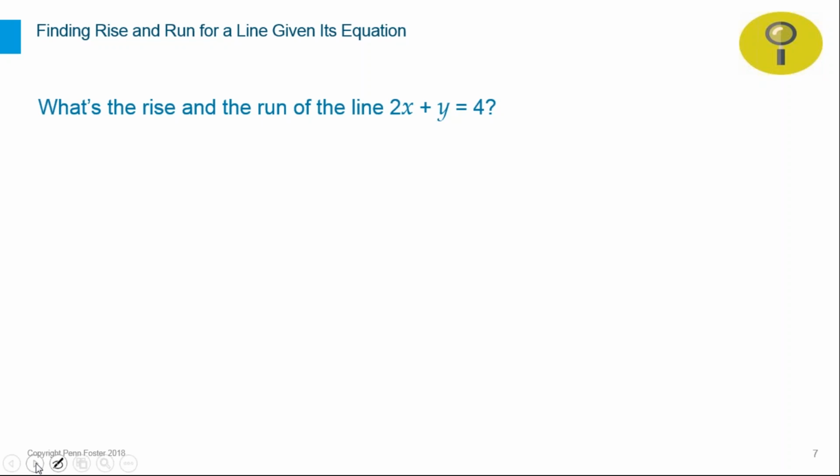Well, again, the rise and the run is equivalent to finding the slope. To find the slope, we need 2 points. The easiest 2 points that we are able to find on this line are the 2 intercepts: the point where the line intersects the y-axis and the point where the line intersects the x-axis.